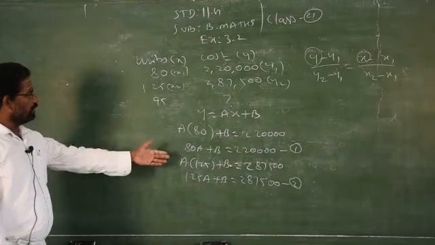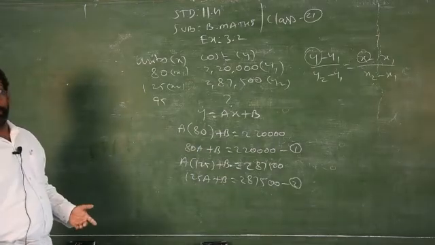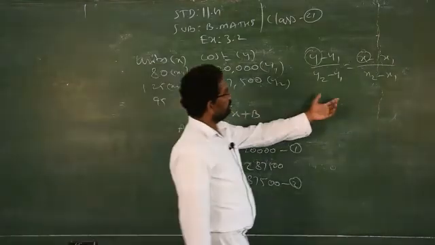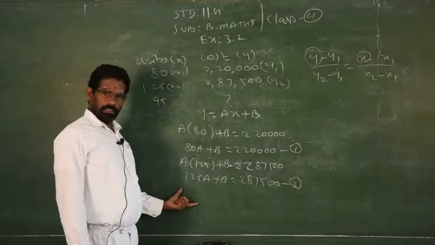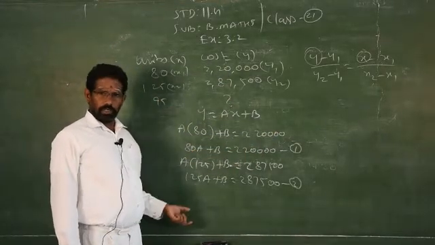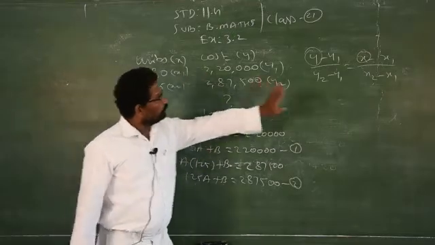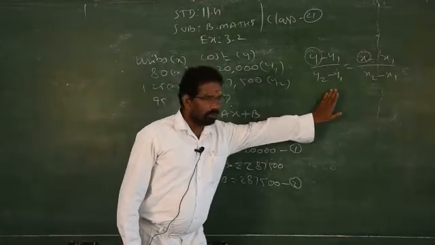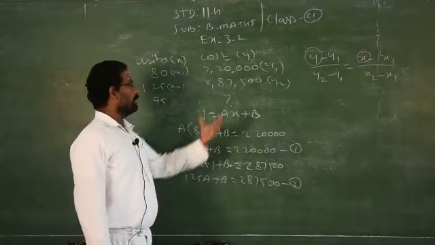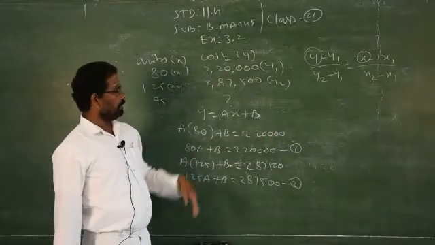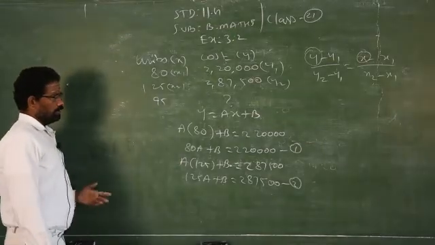Now you can solve these two equations by the elimination method. Either you can follow the earlier formula method or follow this linear equation model and solve. If you feel this is very simple, you can follow this one, or if you feel it is simpler than the previous formula method, you can follow this also. That is your wish.